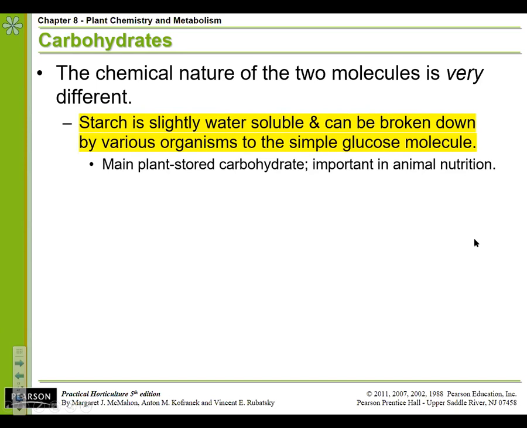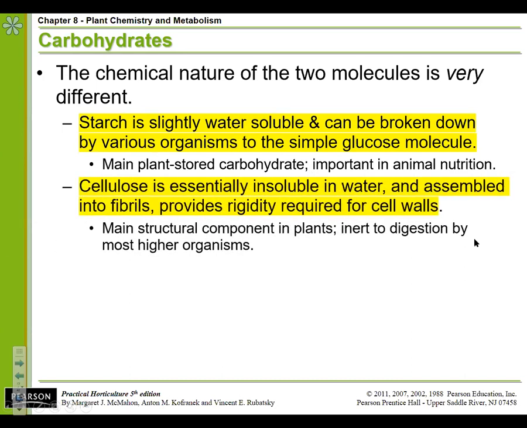So starch is slightly water soluble and can be broken down by various organisms to that simple glucose molecule. So it becomes very important for nutrition for anything that eats the plants, basically. We eat it, and we're breaking that starch down into the simple sugars that we use for our own metabolism.